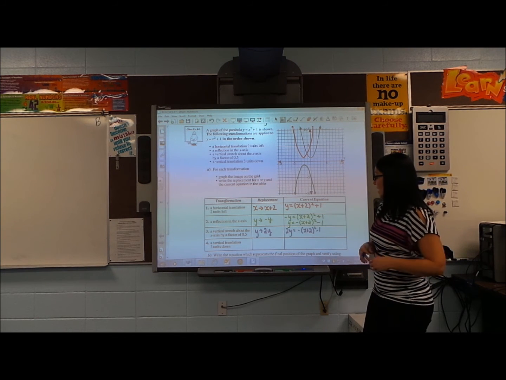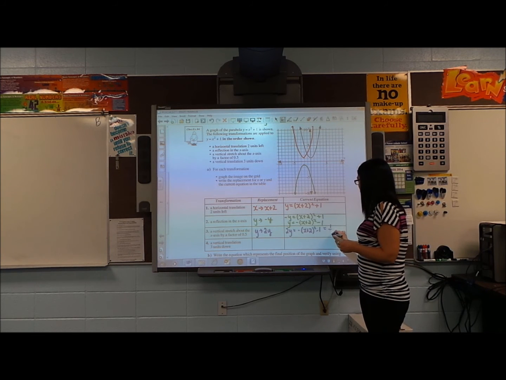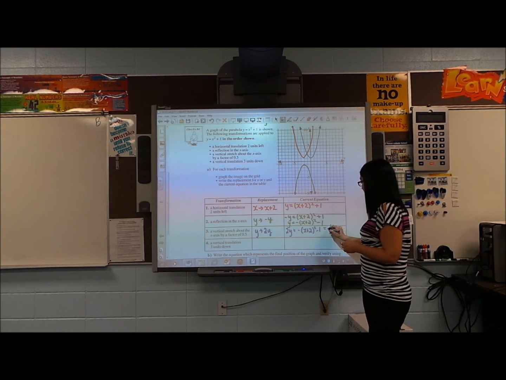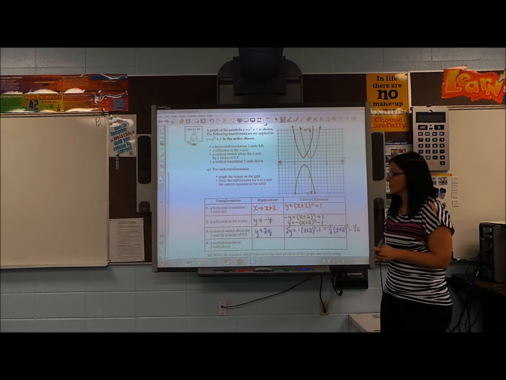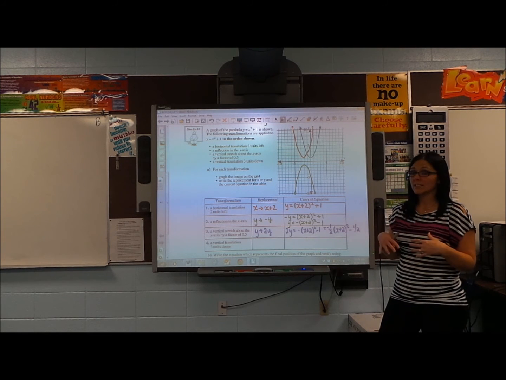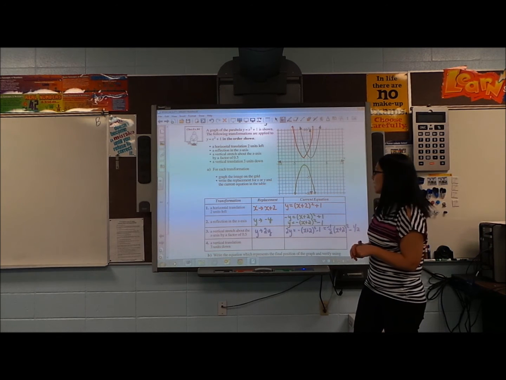And then if I divide everything by 2 or multiply by 1/2, I will get y equals negative 1/2 (x plus 2) squared minus 1/2. So that's taking all of my y coordinates and multiplying them by a factor of 0.5.